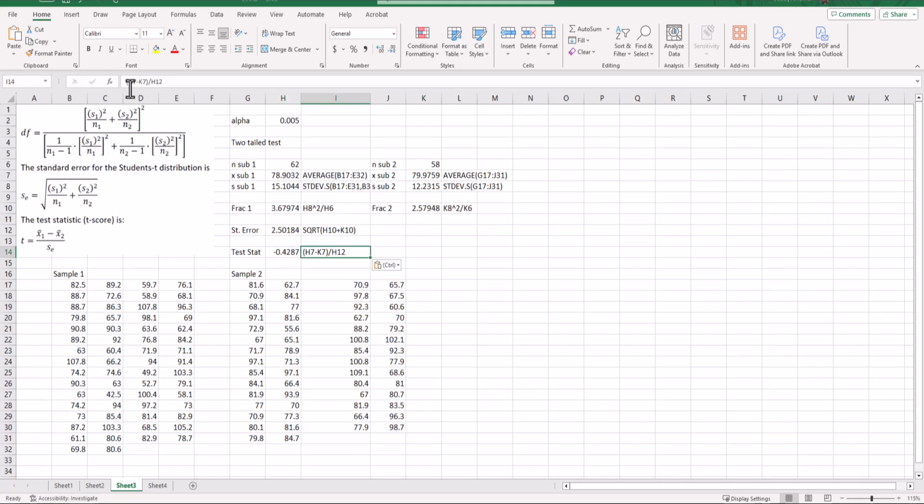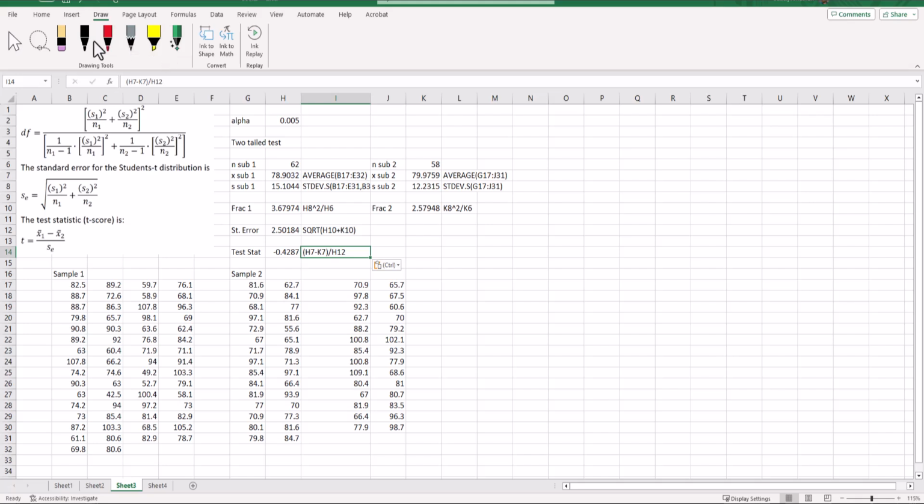Now, we have a negative test statistic, so that means we're going to have a distribution that looks something like this. Here's 0, here's negative 0.4, 2, and some stuff. And our two-tailed area is going to be this one, and we have one mirrored over here to figure out our p-value, just to understand what's happening with that picture.